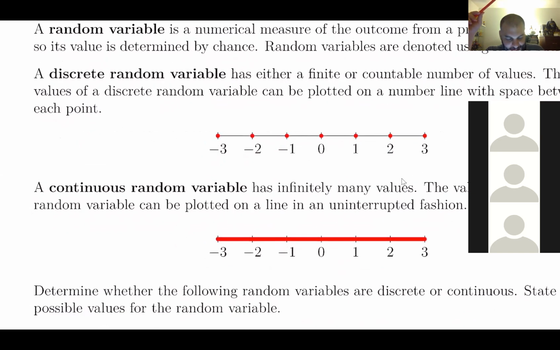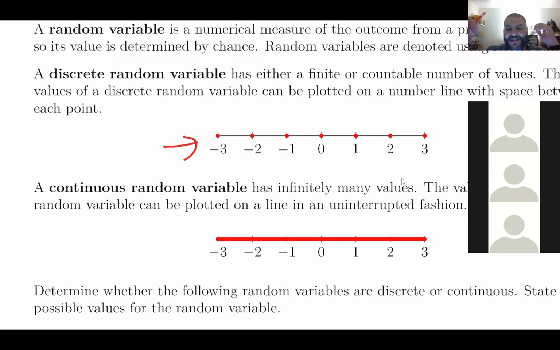If you look at my discrete random variable, what do you notice about the red dots? The red dots are only where? Whole numbers. If you remember, discrete numbers are only whole numbers that are countable.